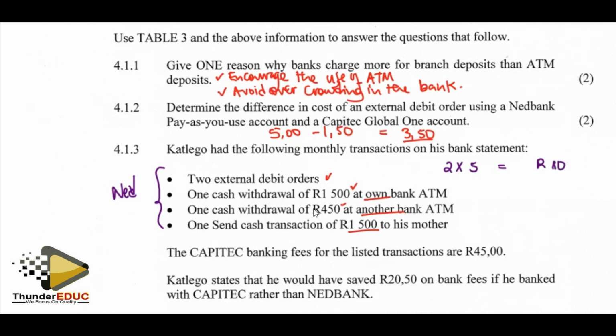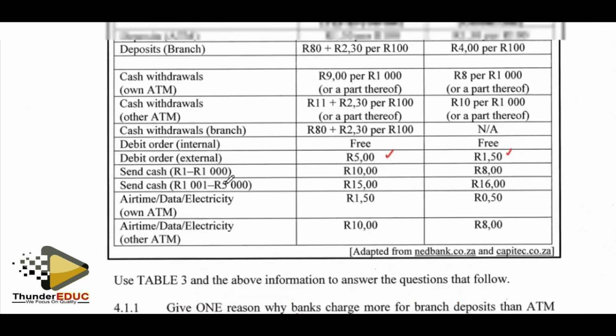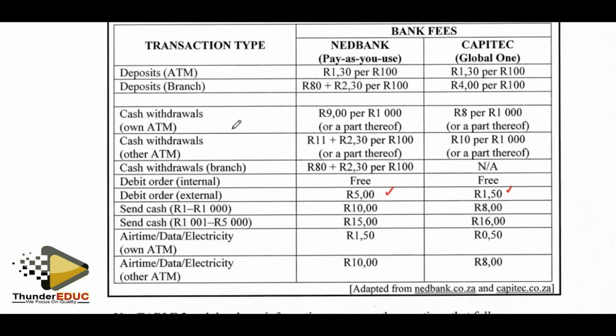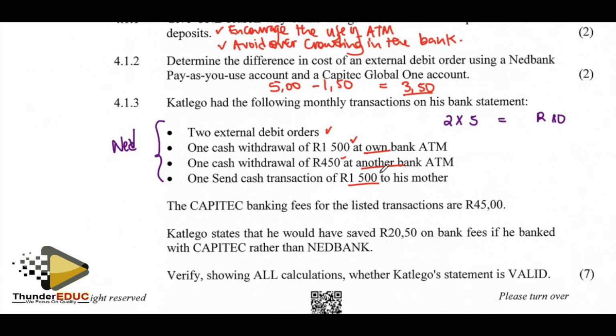Then cash withdrawal at own bank takes 9 rand per 1,000. The person withdrew 1,500, so this one is taken to be 2,000. So it will be 2 times 9 rand, which is 18.